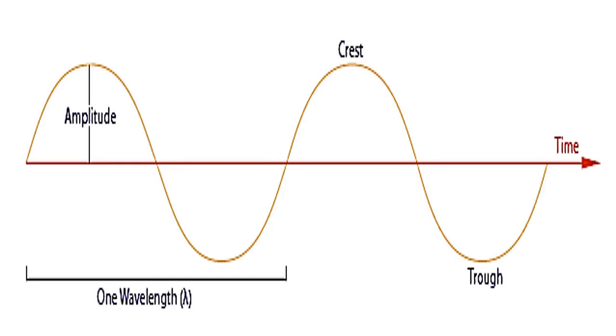The important ones for us to know right now are the crest and the trough. Basically, a crest is the point on a wave with the maximum value of upward displacement within a cycle, whereas a trough is the opposite of a crest, so the minimum or the lowest point in a cycle.